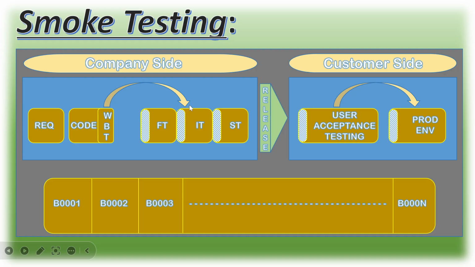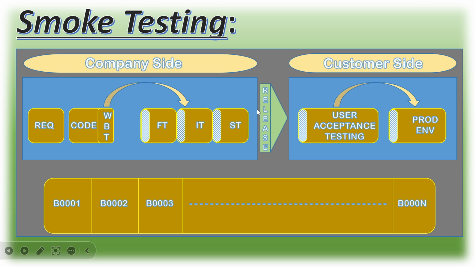In the next phase, whenever we are going to do the integration testing, the build will be installed for the integration testing, and here we need to perform the smoke testing again, and only then can we go for the integration testing. Likewise, we need to perform the smoke testing first in the stage server, and then we can complete the system testing.